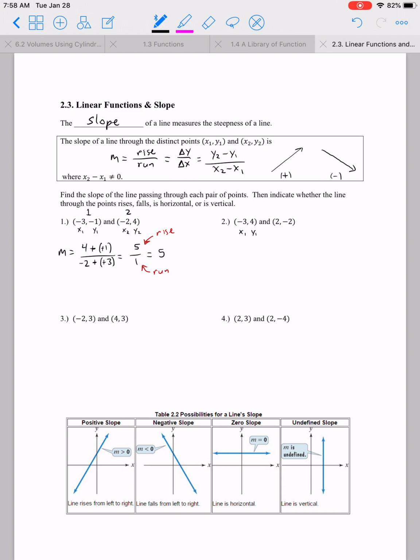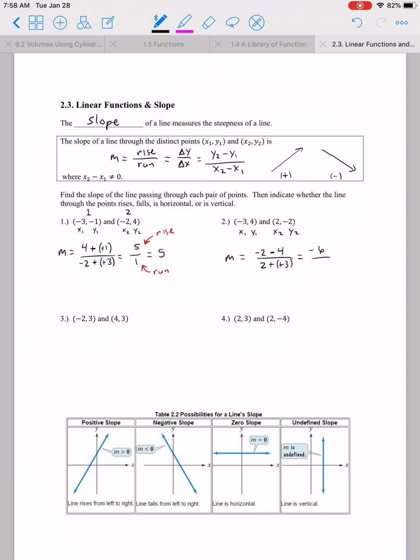x1, y1, x2, y2. Slope is negative 2 minus 4 over 2 minus negative 3. And so negative 2 minus 4 is negative 6, over 2 minus negative 3 becomes plus positive 3.